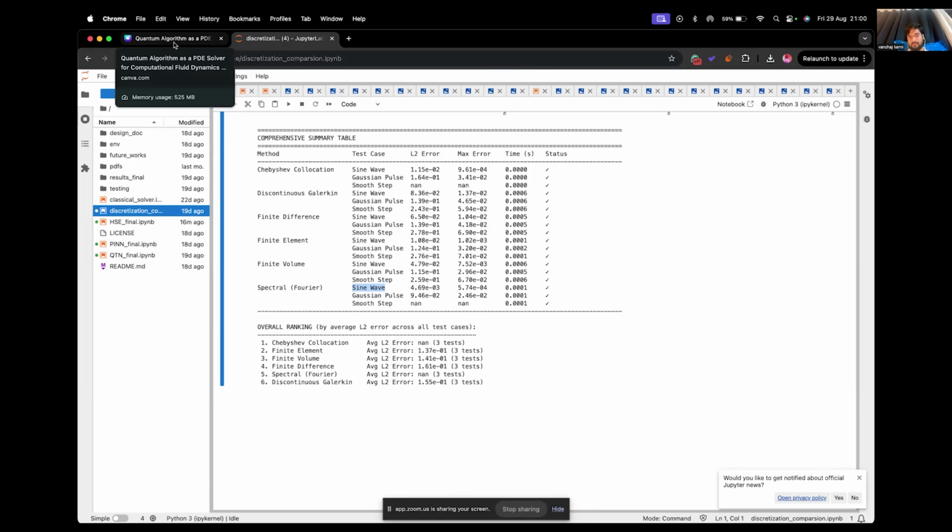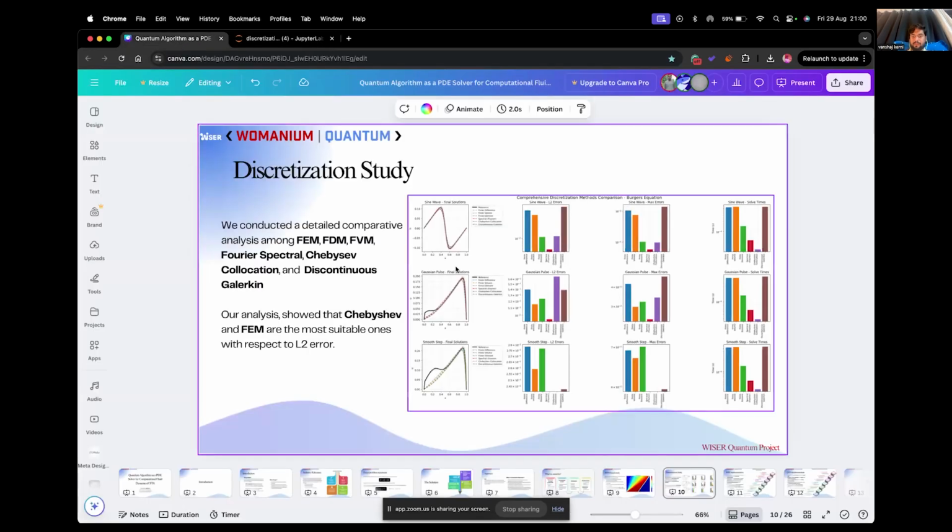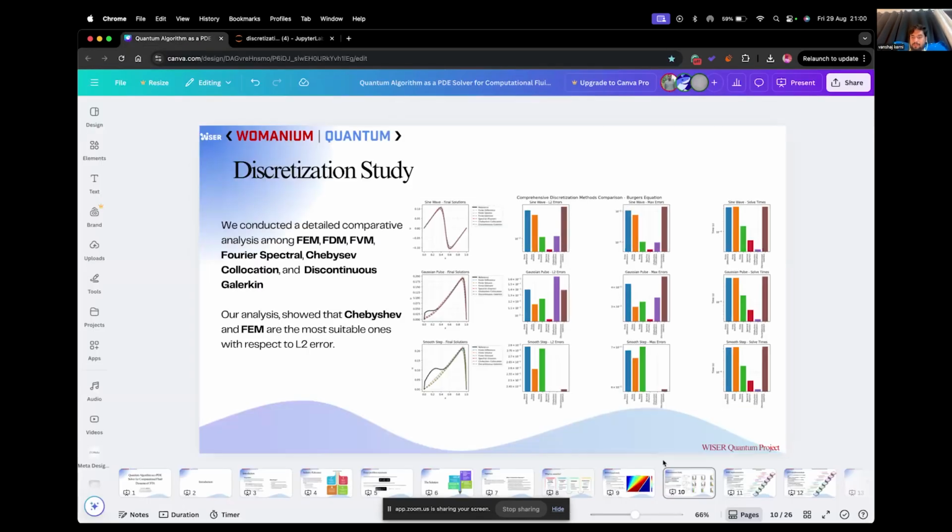Correct. But the spectral method, I will be very curious, and you're right that finite element implementations and even finite volume for that matter, it's not trivial. Correct. But very interesting to see that the spectral methods have faster execution time. I think that's what you are saying from your method.